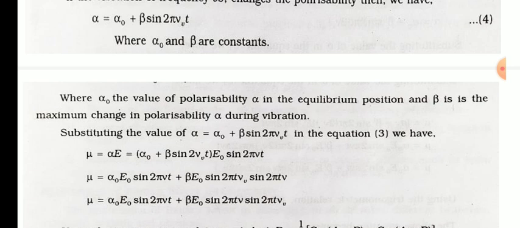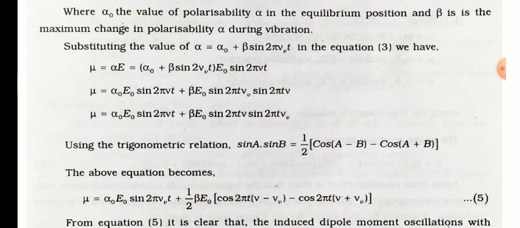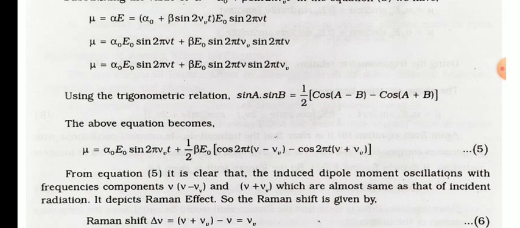On simplification of this equation, and also using the trigonometric relation, finally we arrive at equation 5, which contains 3 terms. The first term constitutes the Rayleigh line, and the second and third constitute the Stokes and anti-Stokes lines.